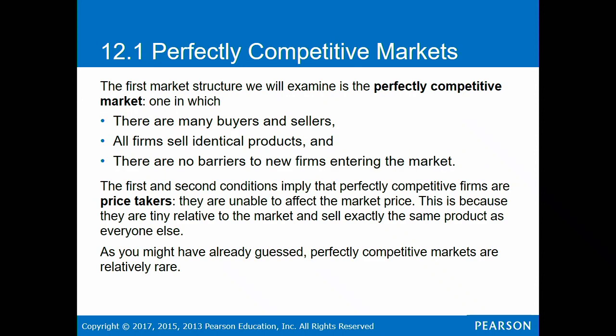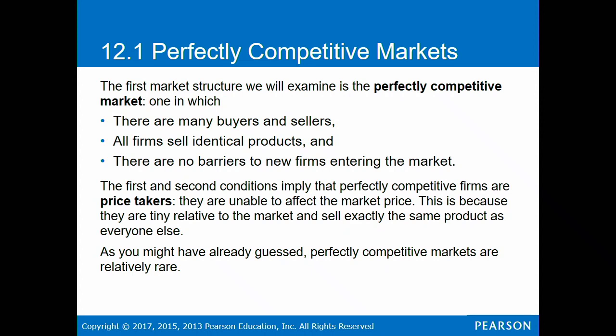First one we're going to talk about is perfectly competitive markets. There are 3 main assumptions. So there are many buyers and sellers, so there's a lot of competitive pressure. If you raise your price, people can just go and shop elsewhere. If you refuse to pay the market price as a consumer, you're not going to have anyone sell to you.